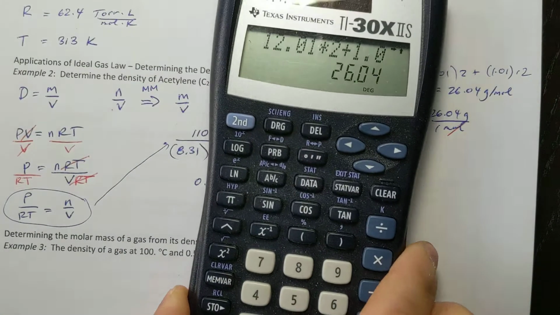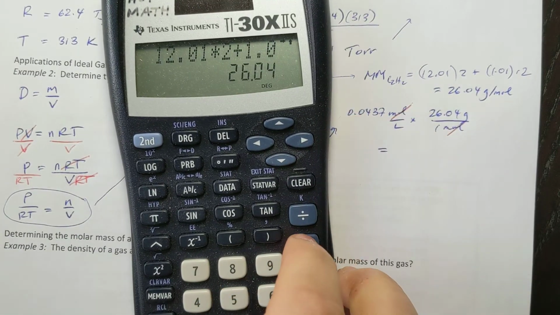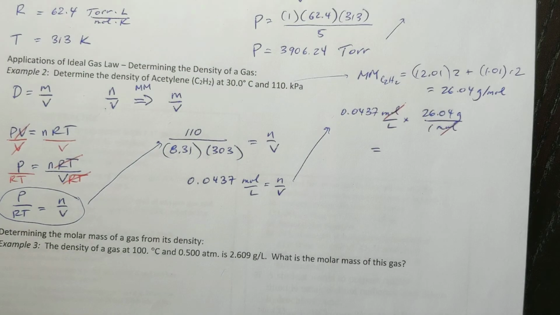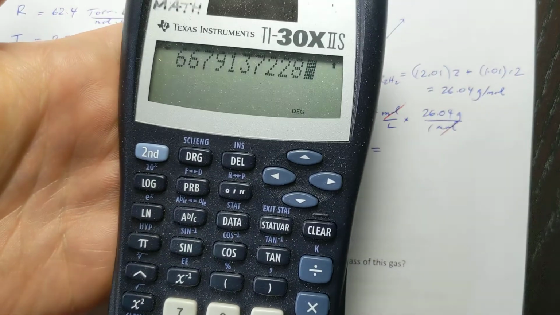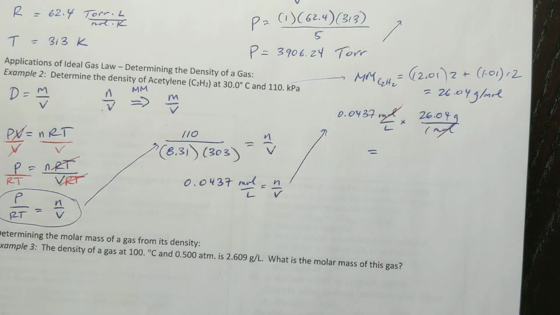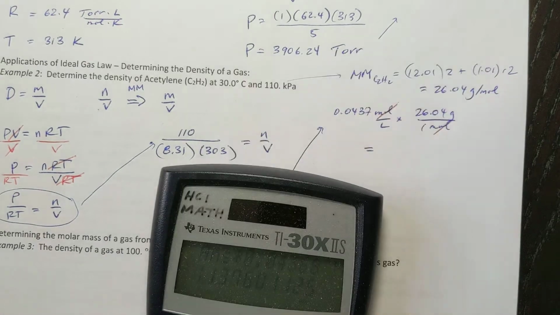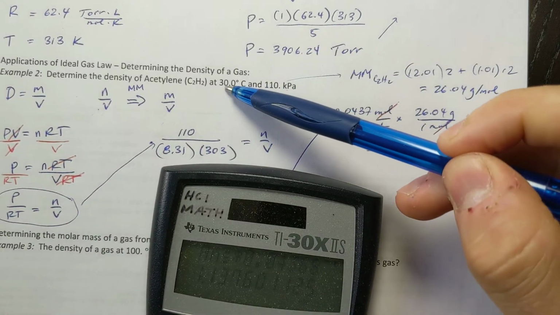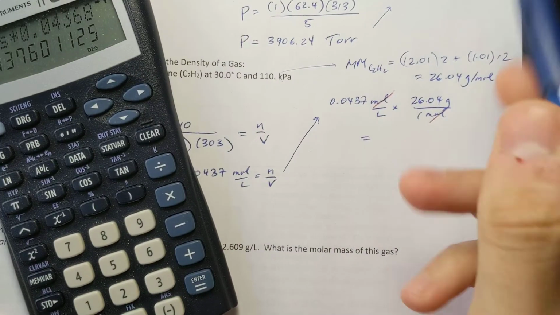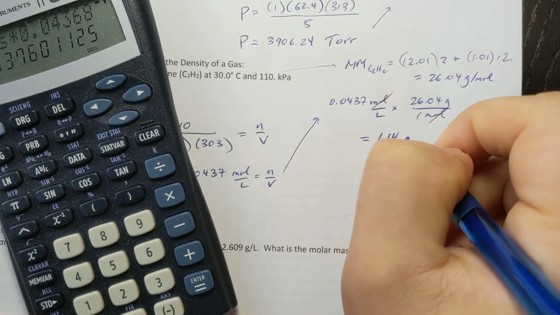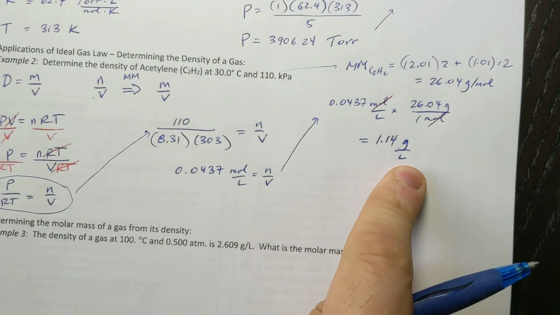And so I'm going to take this molar mass, 26.04, and multiply that by the full value that I had in my calculator previously, and I get 1.1376, but looks like I have 3 significant digits to go with here, so 1.14. 1.14 grams per liter is my density of acetylene gas.